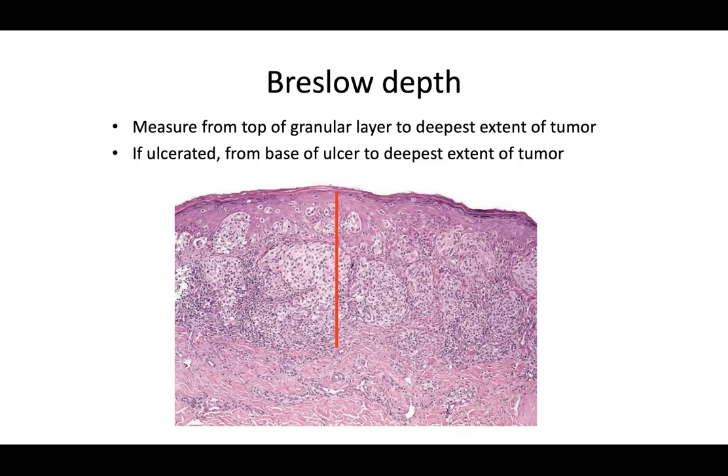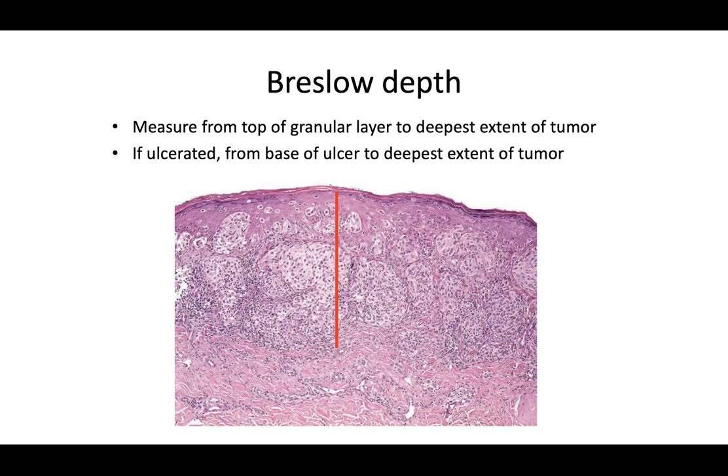And if it will detect basically a thicker depth, depending on where you measure it, I will often make sure that I'm measuring to include a higher stage, because you don't want to minimize the stage if the reality suggests that the ulceration could include some melanoma cells that you cannot actually see.